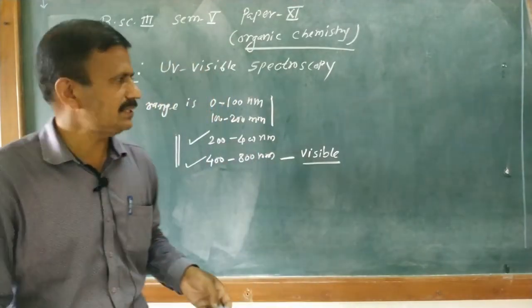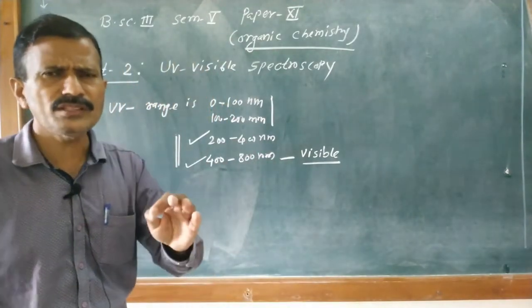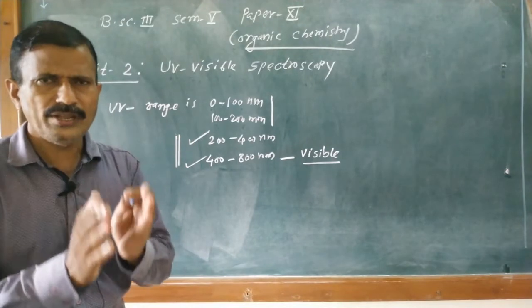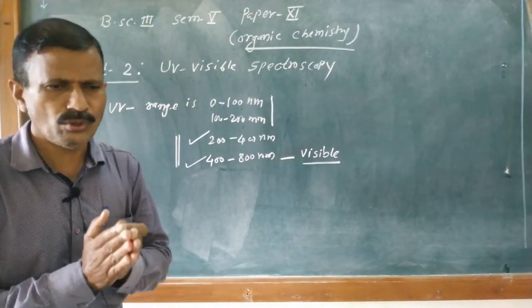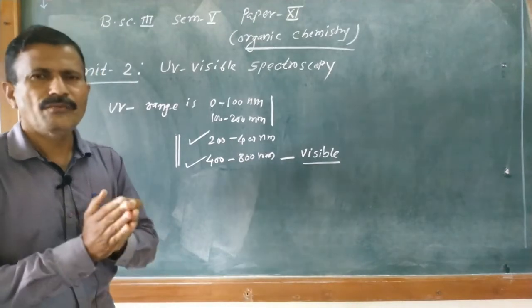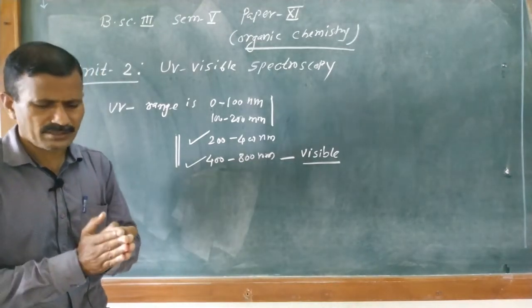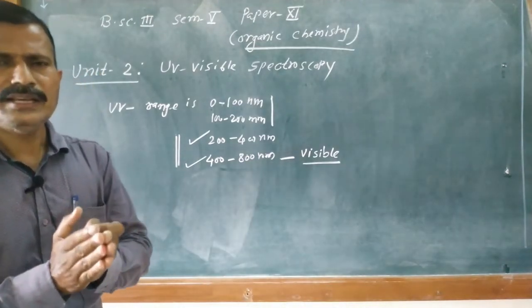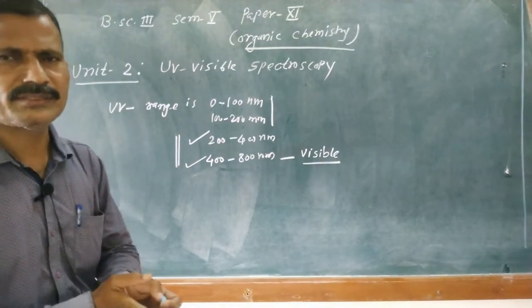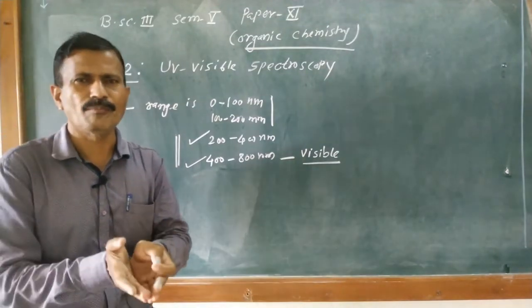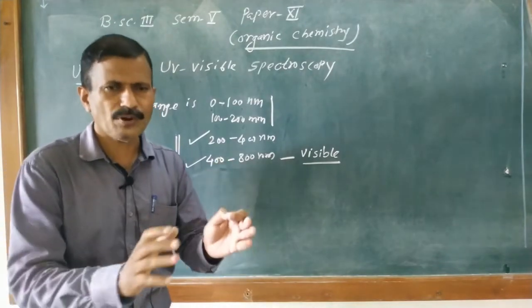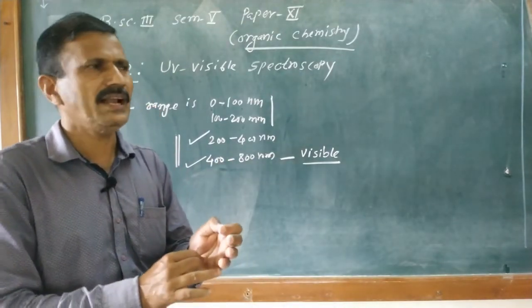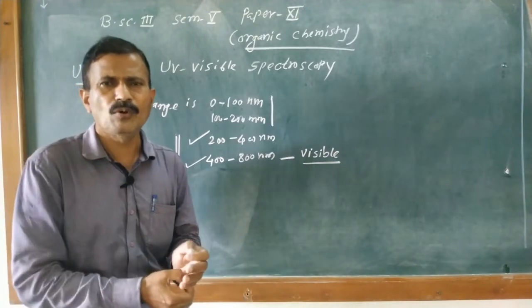What happens in this visible region? This region is visible to the naked eyes of human beings. When this visible light interacts with matter, we know there is a formation of 7 colors, which is called a spectrum. These 7 colors are the natural rainbow colors.